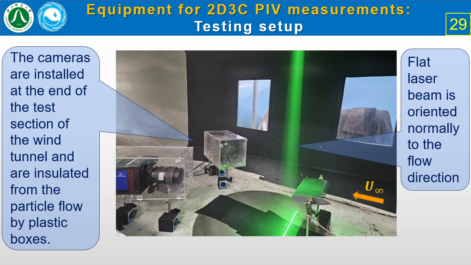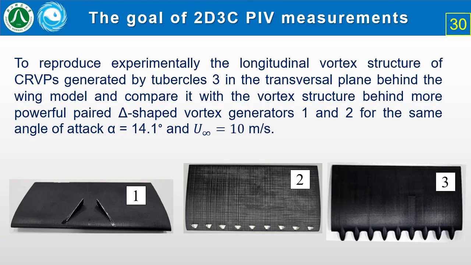And for making the accurate measurements, these two cameras should be placed strictly symmetrical to the plane of the laser beam. In this part of this study, we tested three models. The model 1 contained large paired delta-shaped vortex generators with the length of 30 millimeters and height of 10 millimeters.